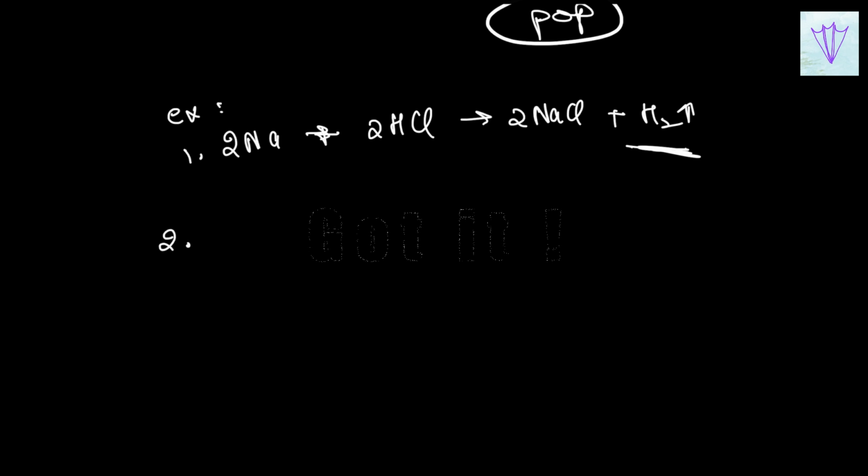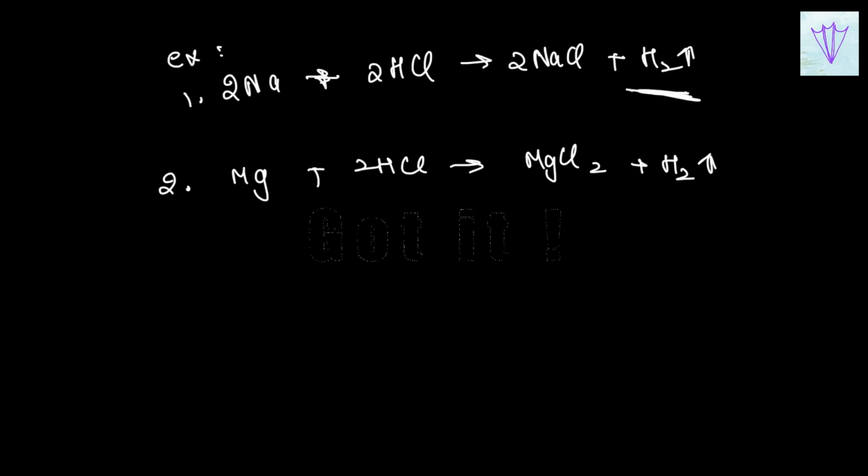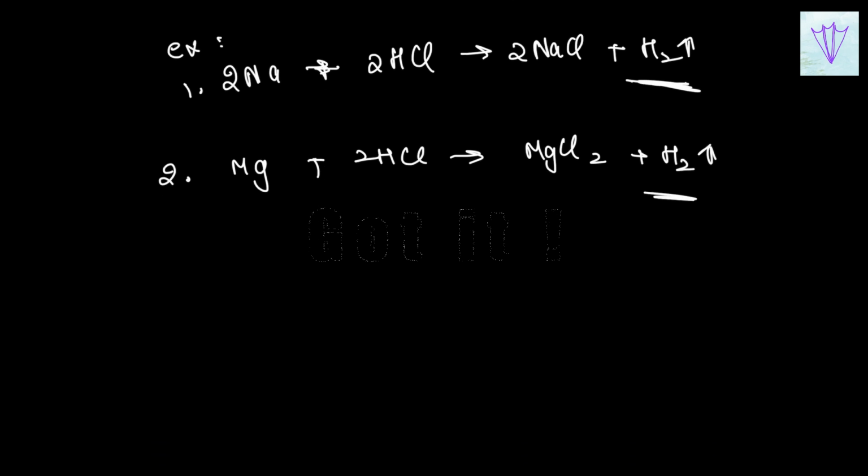The next reaction is magnesium with dilute acid, which will give rise to MgCl2, magnesium chloride, plus hydrogen gas. Here the H2 will be evolved less readily in comparison to the previous reaction.